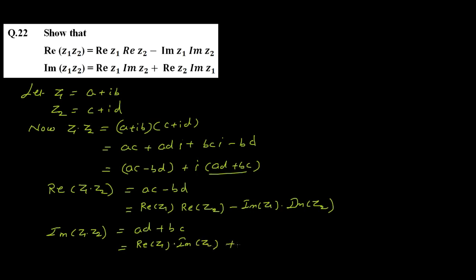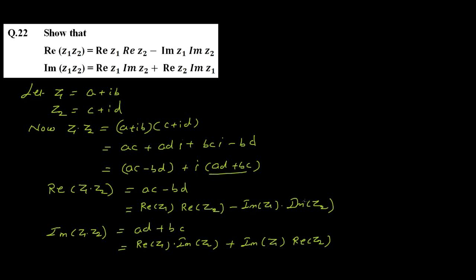And what is b? b is the imaginary part of z1. And what is c? c is the real part of z2. And now the second part of the question has been proved.